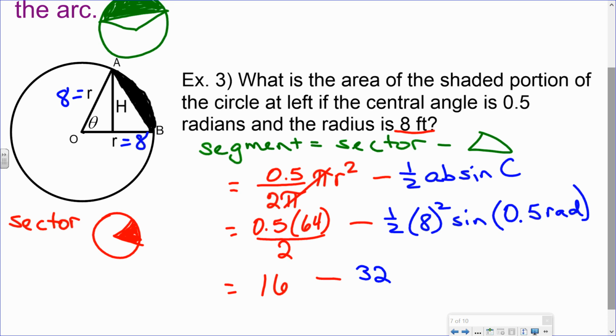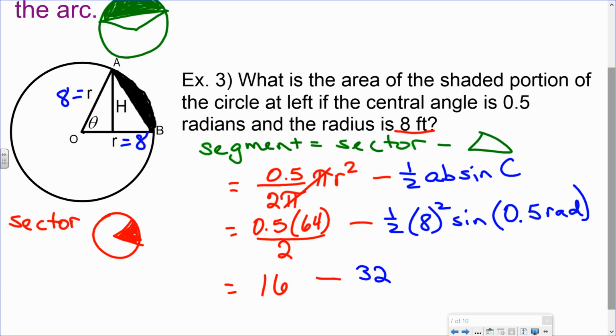If it were degrees, what would you do now? Billy, what would you do if it were degrees? Yeah, we just go ahead and start punching in the calculator. But we've got a problem if we just do sine 0.5 on our calculators, don't we?